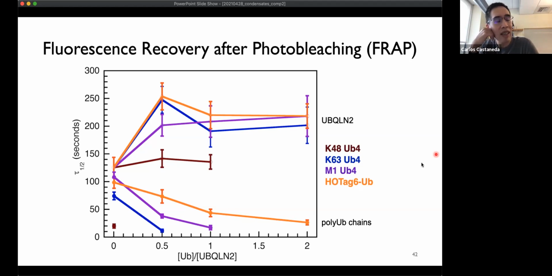I think that these droplets do change in size over time, but that's mainly because in these microscopy experiments our samples are just settling, right? You can have droplets floating around in solution and they're just going to settle.